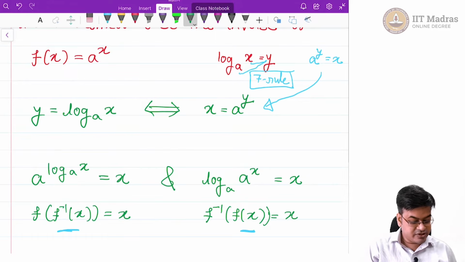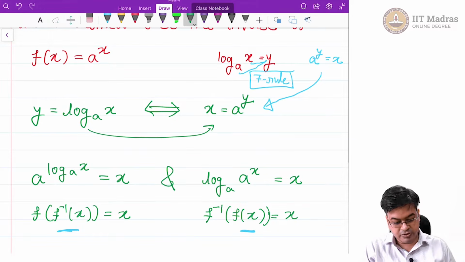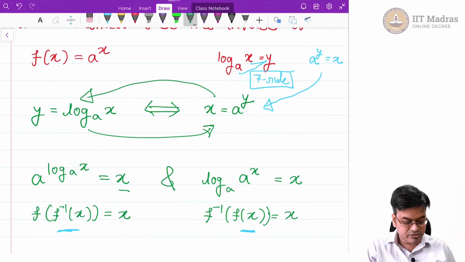So you just substitute a raised to f inverse of x. What is that? A raised to log a of x. Now what this should be? You use this one-to-one correspondence from here to here and here to here, and you will get this to be equal to x. In a similar manner, you can apply it to f of x and f inverse.